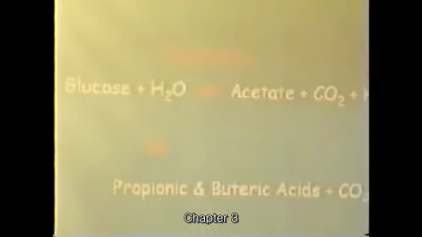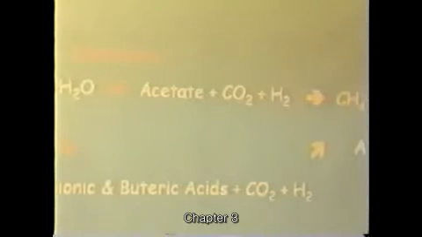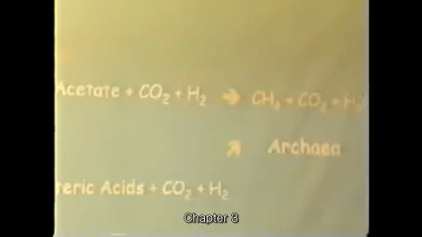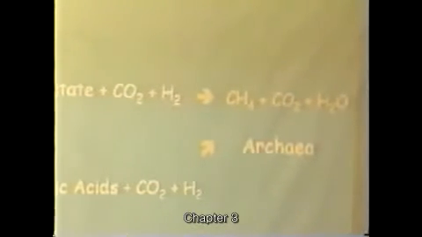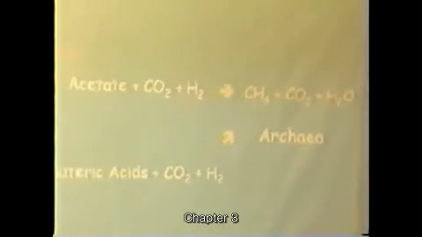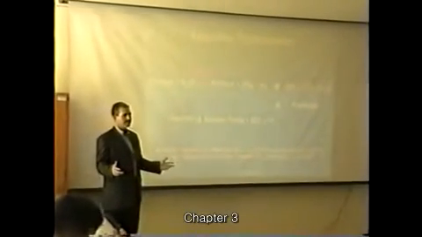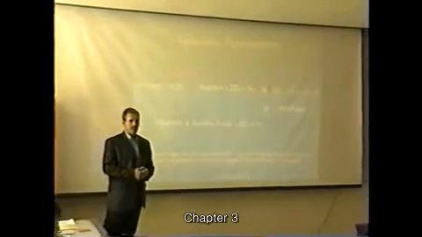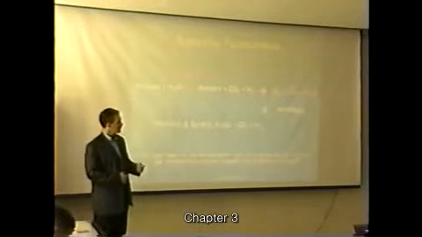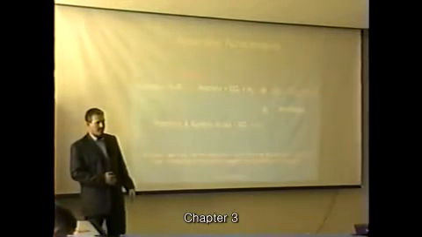You will not be able to remove all your COD. You will have, let's say, 80% removal, and the rest will be either the acetate or some of these other acid forms. Whereas if you remove your hydrogen fast enough, 90, maybe 95% will be removed to methane, and the rest will be some of these other acids.